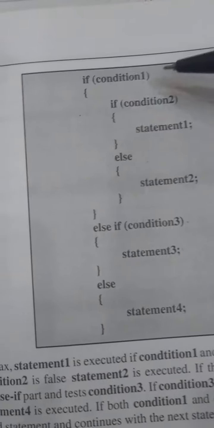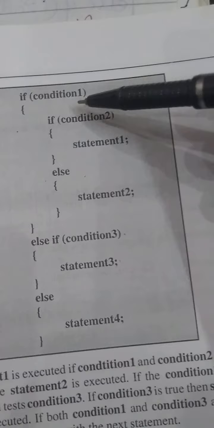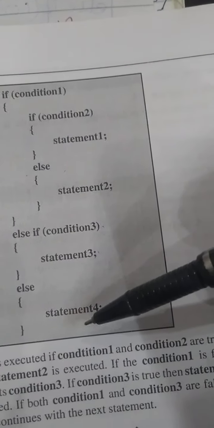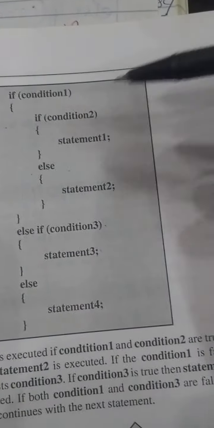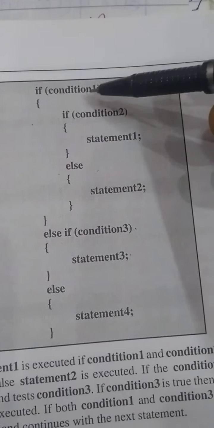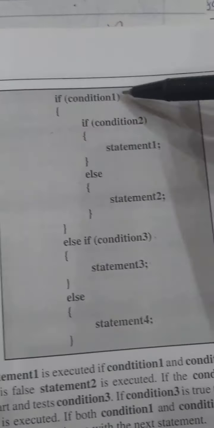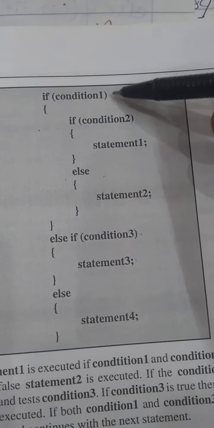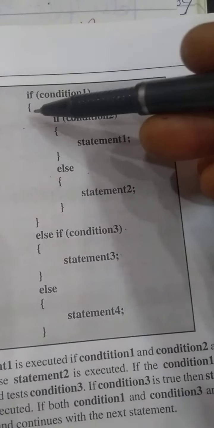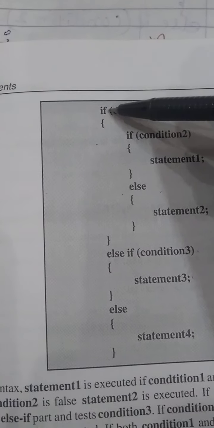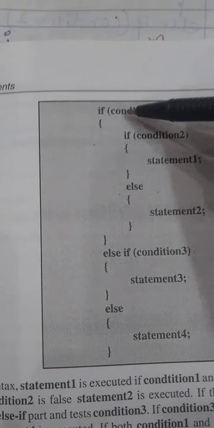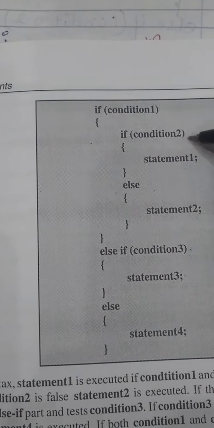The syntax of this nested if statement, see, this is the syntax. If they have asked you to write the syntax of a nested if statement, you have to write it. See, if the condition, this condition is not ended with a semicolon, and if it is true, then it will check the next condition.